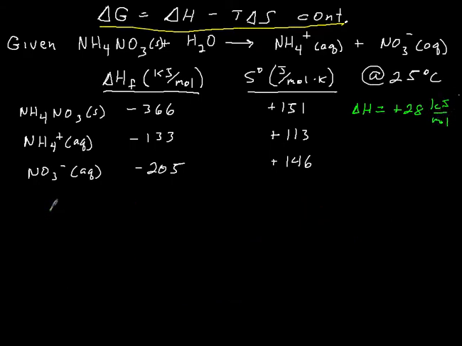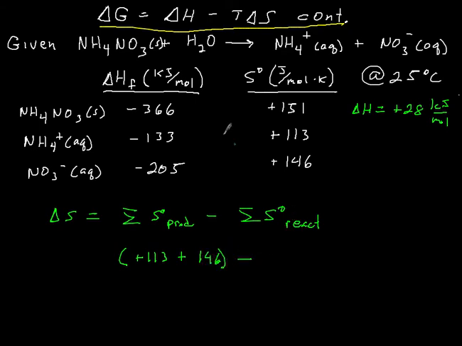Now, delta S can be determined the same way. Delta S is the sum of the entropies of the products minus the sum of the entropies of the reactants. And so once again, our products are going to be the ammonium and the nitrate. So positive 113 plus positive 146.